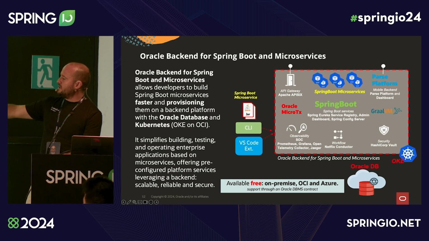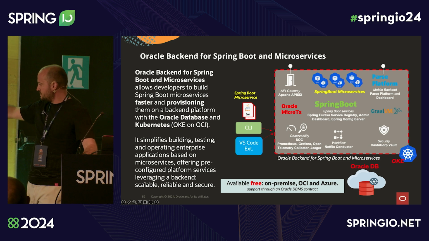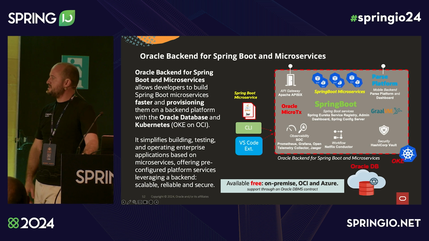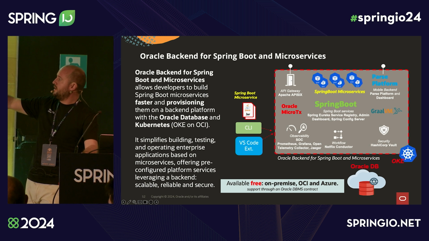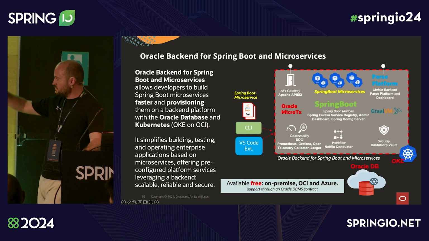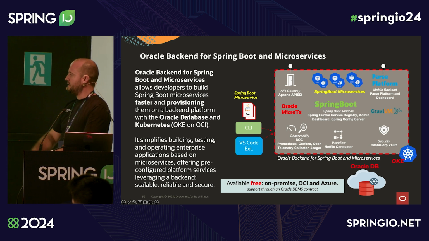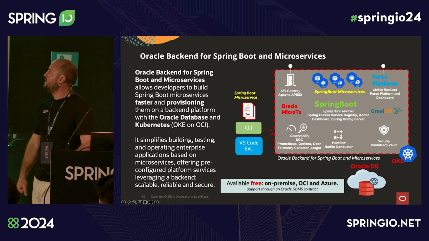But the thing is that you will have all of those technologies deployed in Kubernetes, in this case in the OKE, the Oracle Kubernetes Engine. And that will give you the distributed transactions manager, the API gateway, the workflow to coordinate microservices, observability with OpenTelemetry, Jaeger, all the usual suspects.